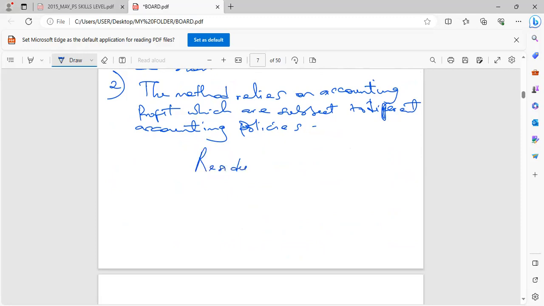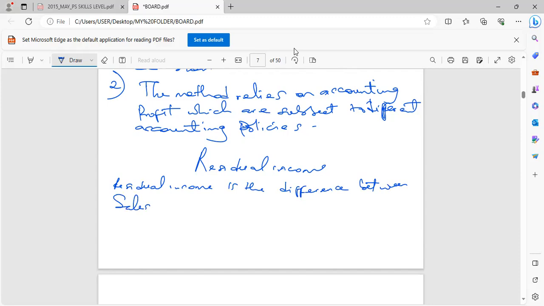Residual income is the difference between profits and imputed charge.